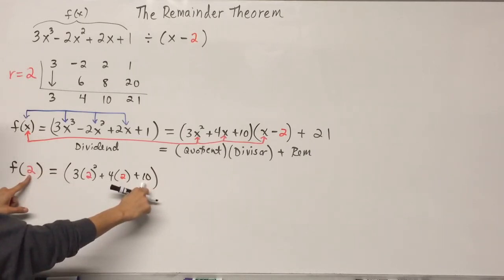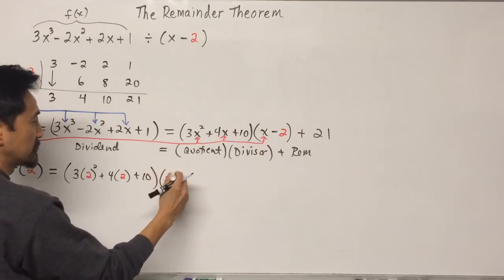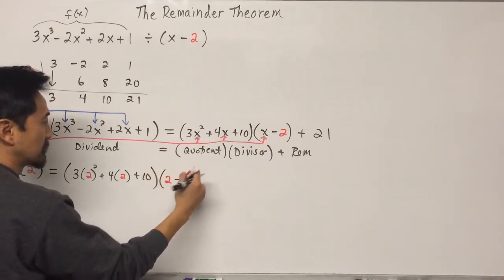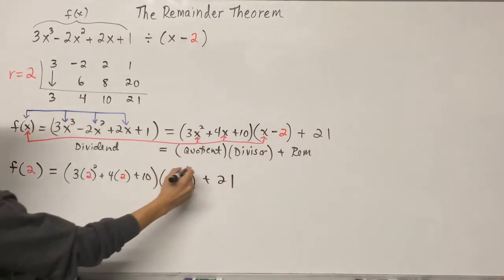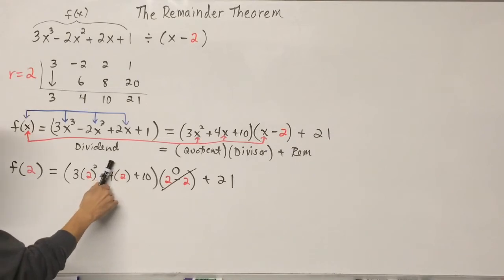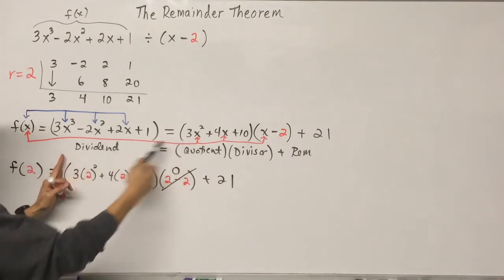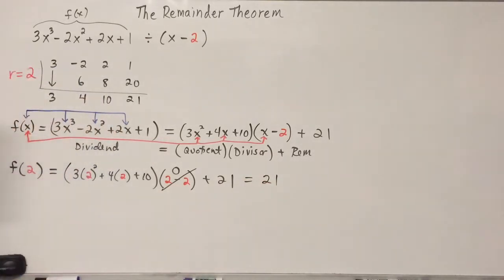Because that 2 in red is also going to be placed right here. And now I'm going to have 2 minus 2 plus 21. And now you're going to end up with a big 0 here, okay? And 0 times any number will make all of this become 0, and your output will just equal 21, okay?